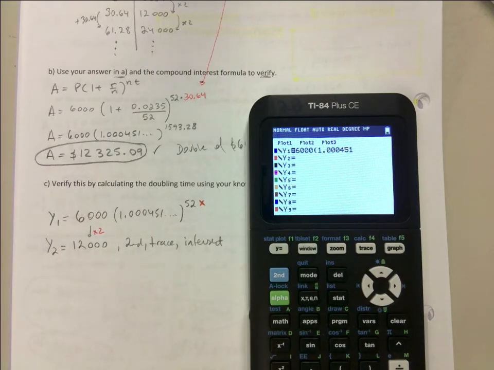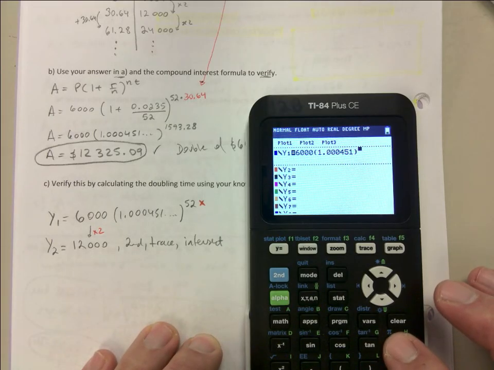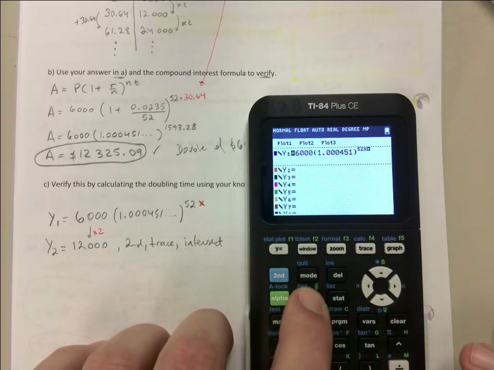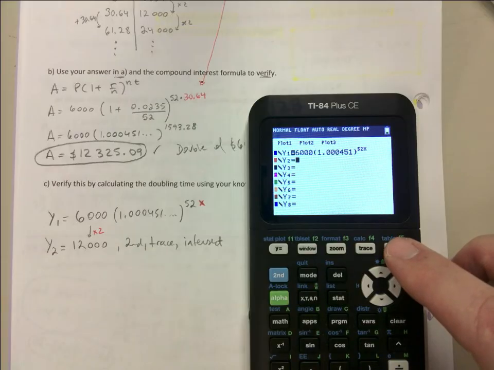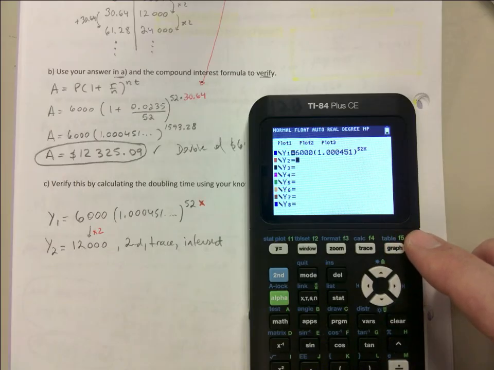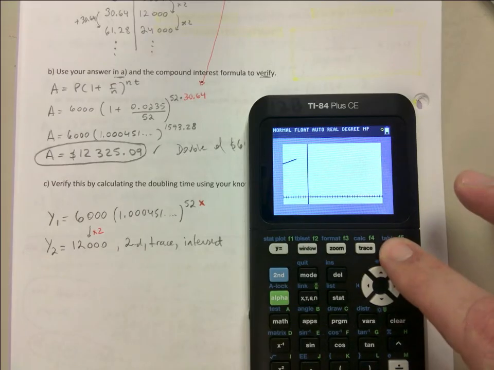Let's stop at 451. It keeps going, but that's fine. To the power of 52x. And then hit graph. Let's see what happens.